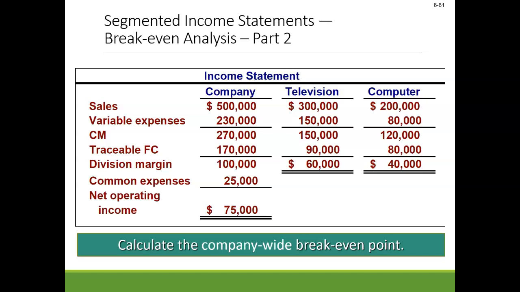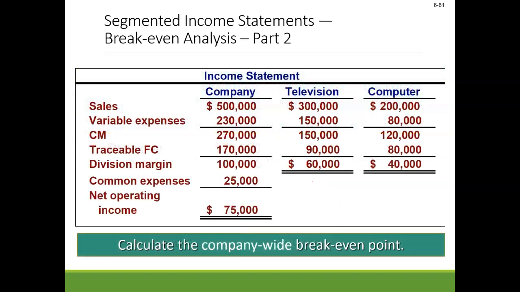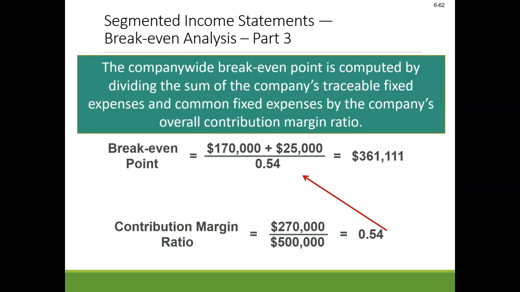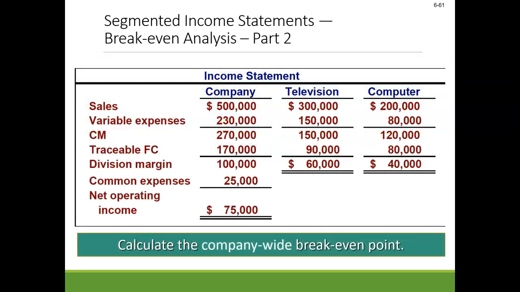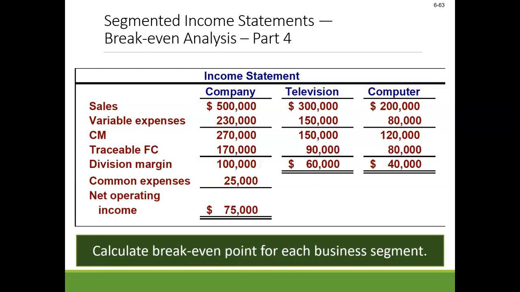So the company-wide break-even point, we'd see the contribution margin ratio is the 270,000 divided by 500,000. So our contribution margin here, 270 divided by the 500,000 gives us 54% contribution margin ratio.